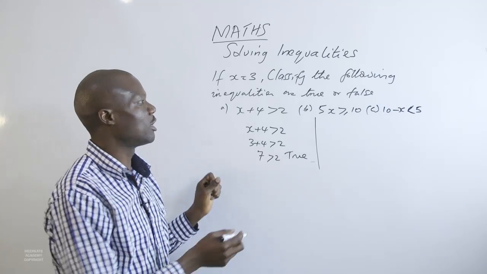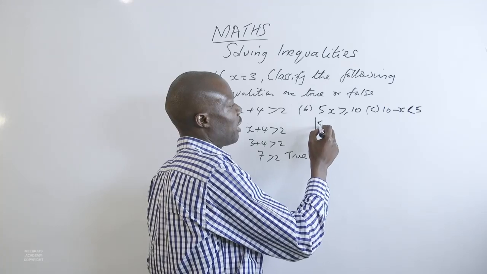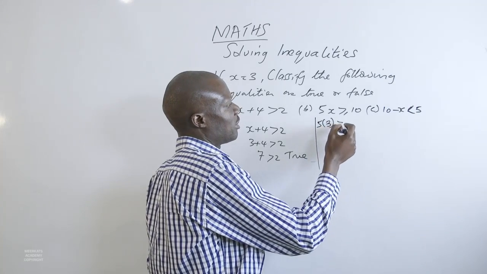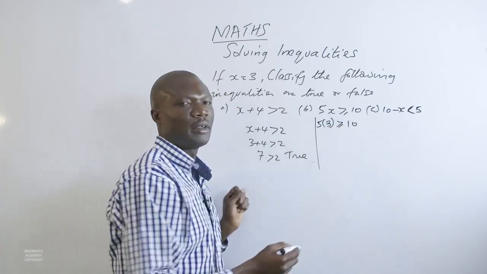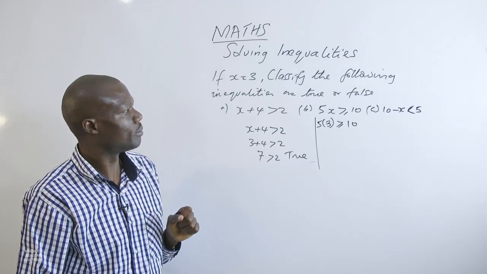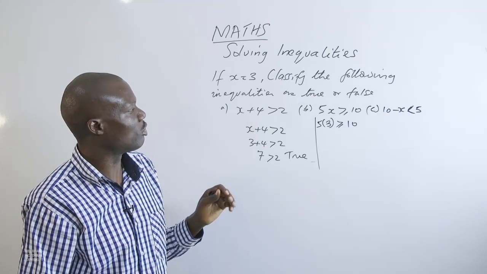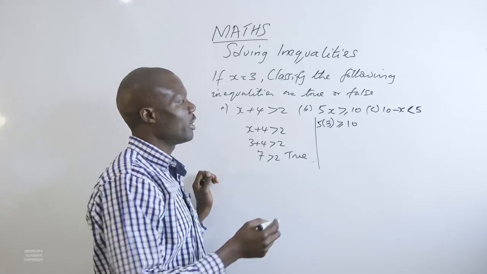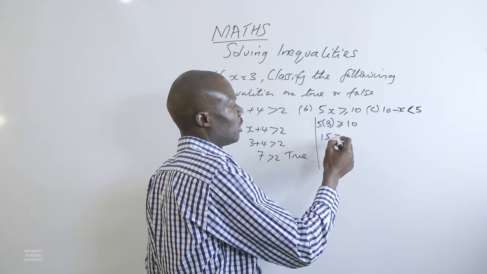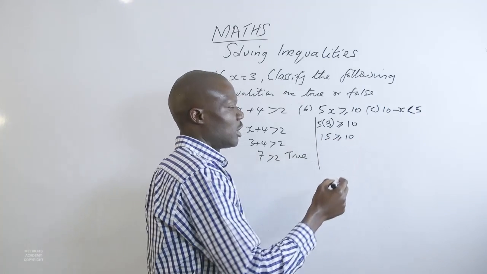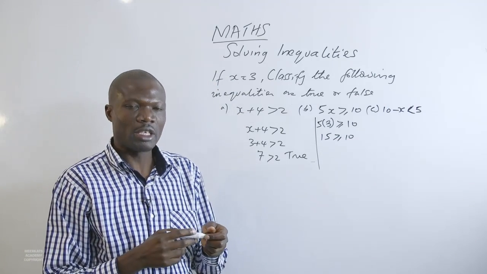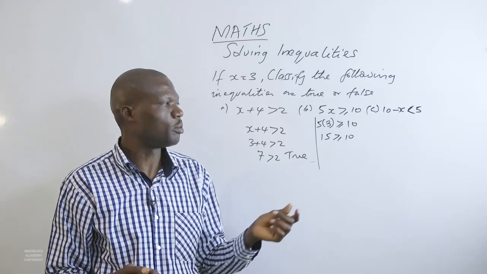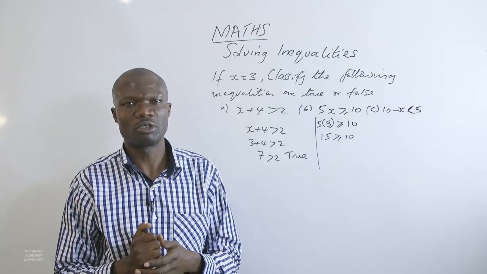Looking at that statement, x is 3, so 5 multiplied by 3 is greater than or equal to 10. When you multiply this out, 5 times 3 gives us 15, which is greater than or equal to 10. This statement may be true or not true depending on where you choose to settle.